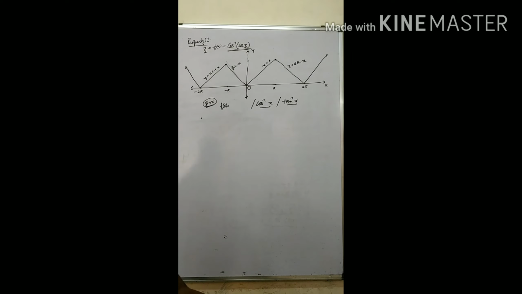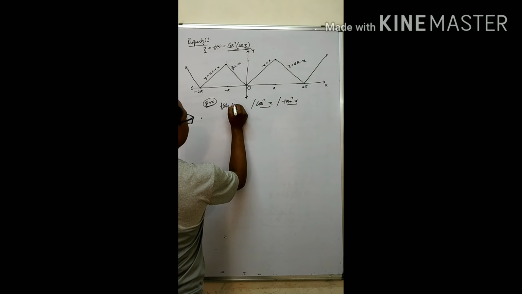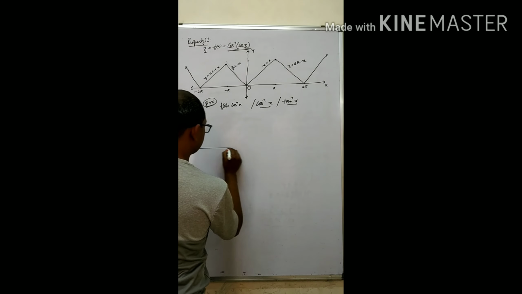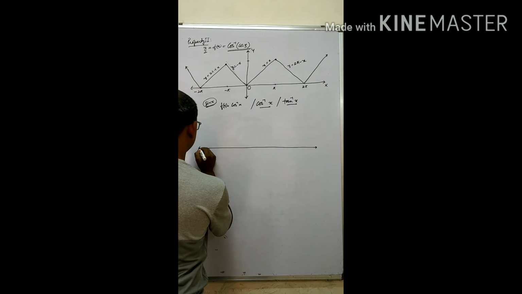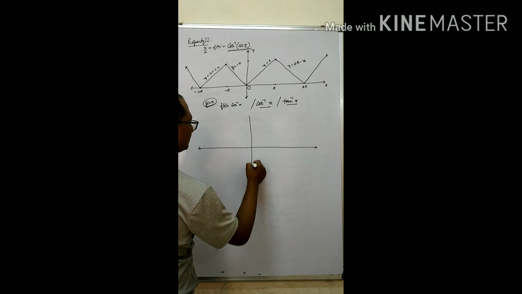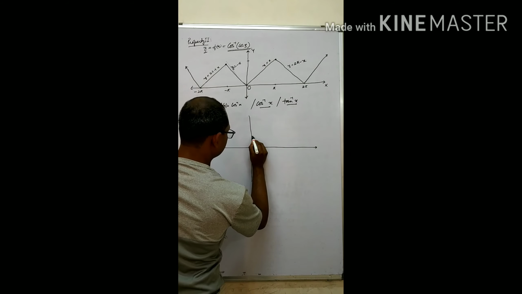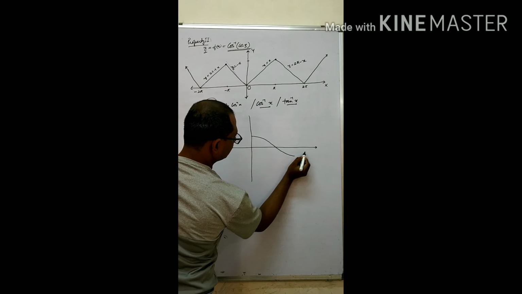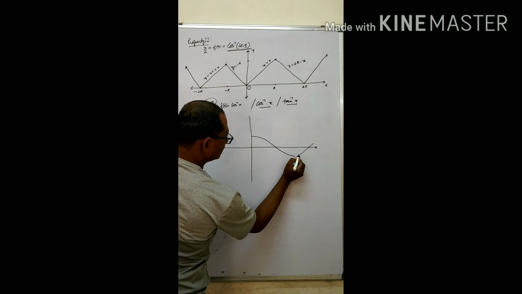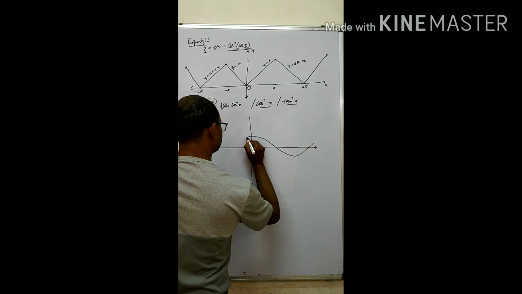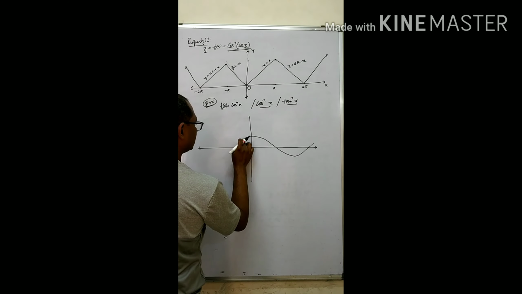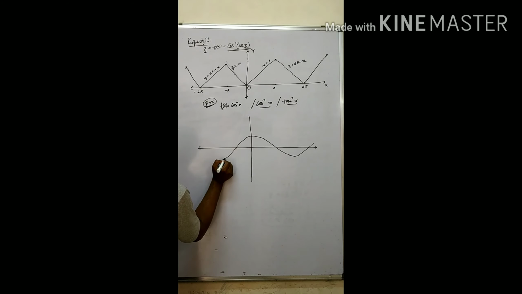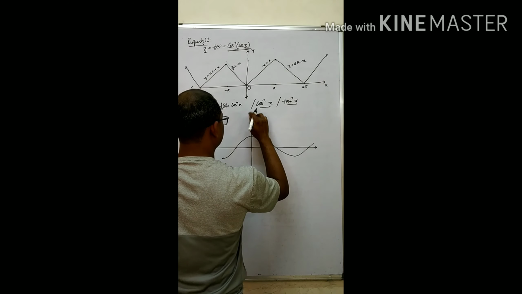So we'll draw cos inverse of x now. We'll draw the graph of cos x first. Something like this.